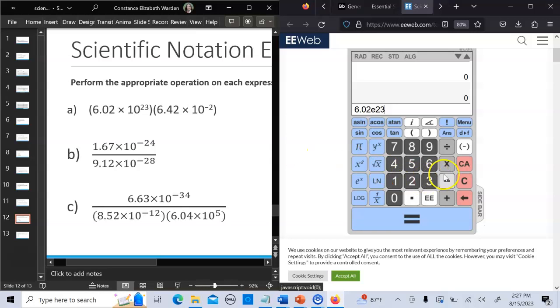Then I'm going to multiply that by the second number, the coefficient, which is 6.42, and then click the double E key again and only include that power of -2. Notice how I'm using the negative sign, not the minus sign, because those are different as well. And when I click enter, I should get my answer.